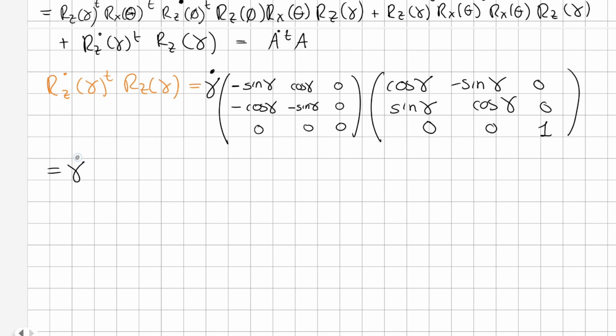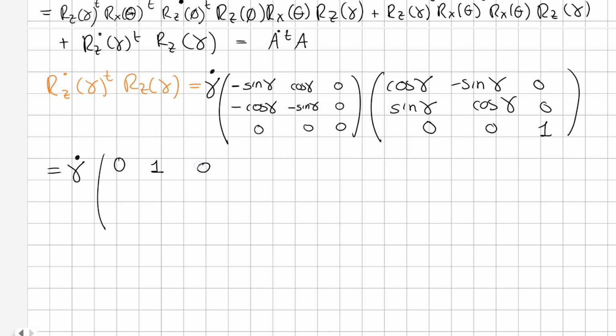Okay, so what are we going to get? This is going to be gamma dot, and if we multiply, we have minus sine cosine plus cosine times sine, so this first element is going to be 0. Then we have minus sine squared plus cosine squared. This minus with this minus is a plus actually, so we have sine squared plus cosine squared, so that is 1.